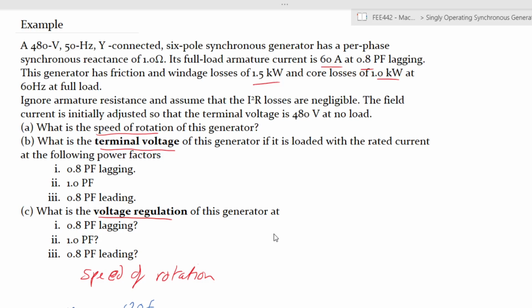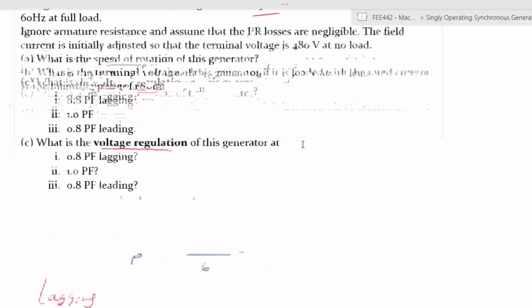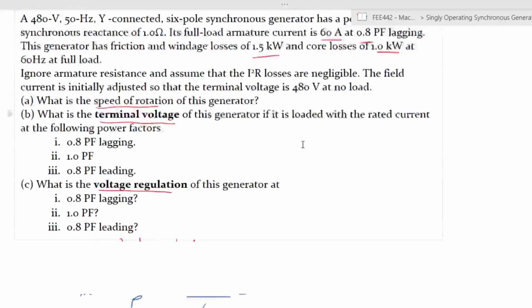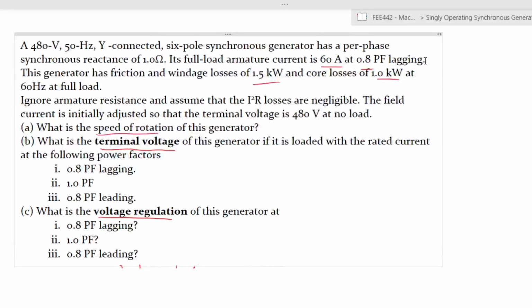Excuse me, sir. To the question that has been asked, are we doing that in our case for convenience, or is that also how it is practically speaking? I'm asking, since you're taking the 60 amperes, which was given at 0.8 power factor lagging, to be also 60 amps for power factor leading and unity.